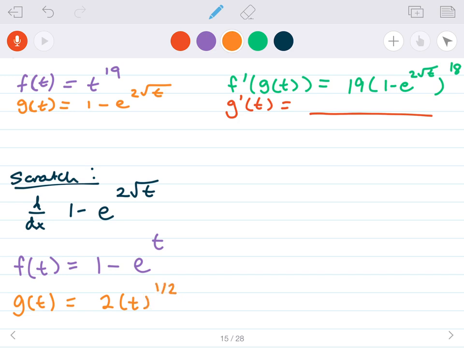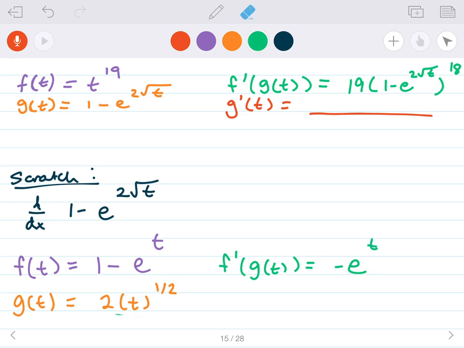All right. So let's go ahead and do this. My first part of the chain tells me I need to do this. It's pretty easy to do. The derivative of 1 is just 0. The derivative of minus e to the t is simply minus e to the t. So when I take the derivative, I do minus e to the t, but instead of t, I'm plugging in g, remember?